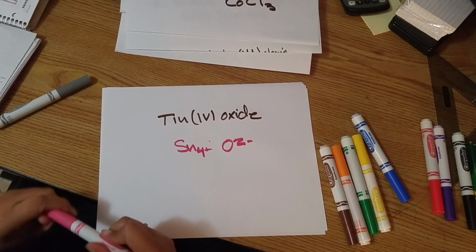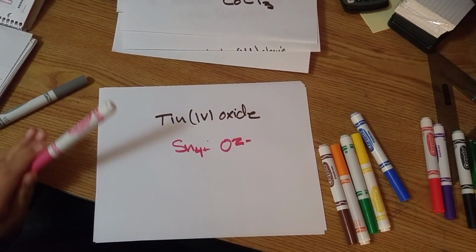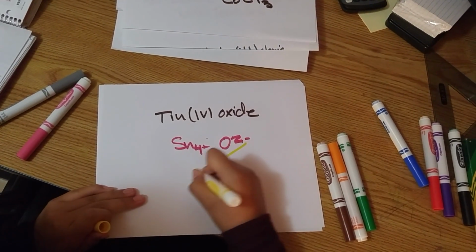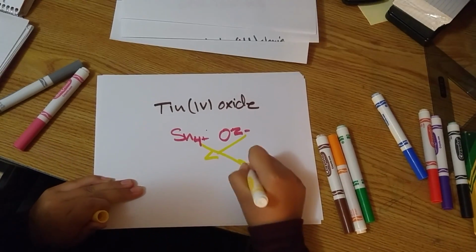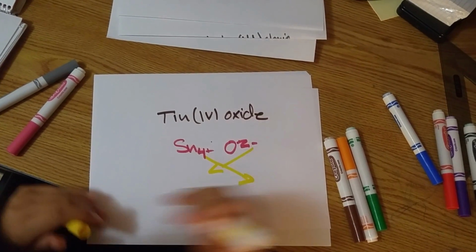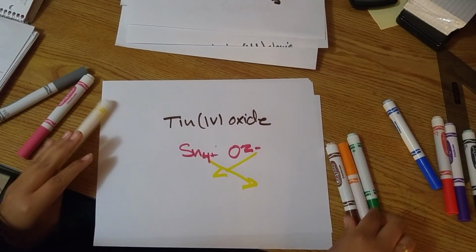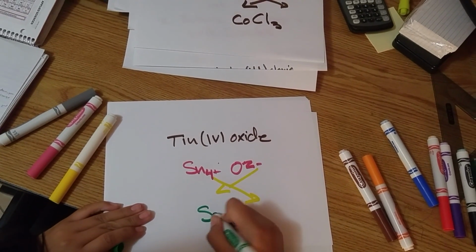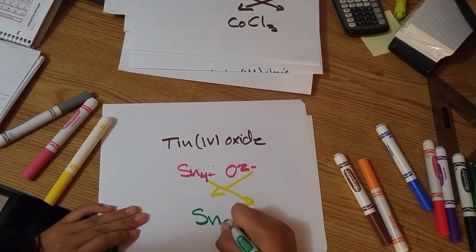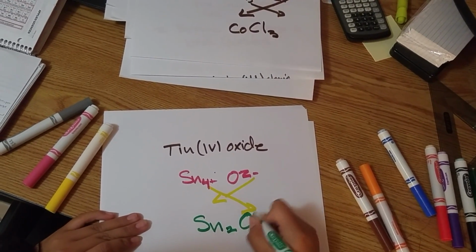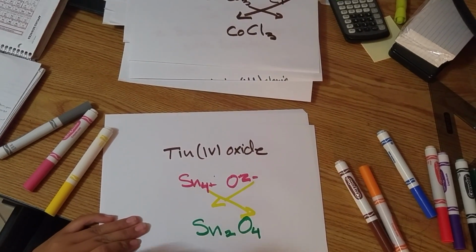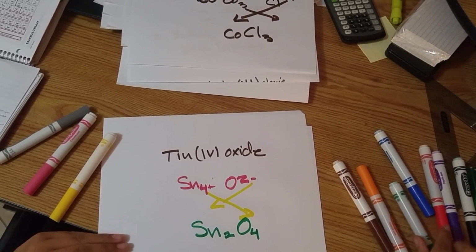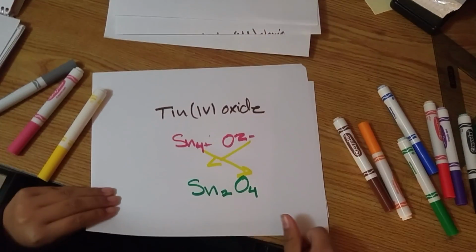Okay. So, as we did prior, we take those charges, cross them over, and we'd be left with Sn2O4. And we have covered all our topics for this video. So thank you for watching.